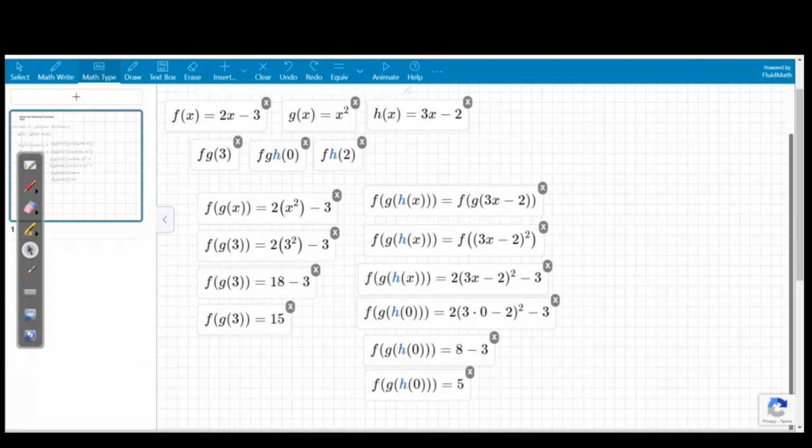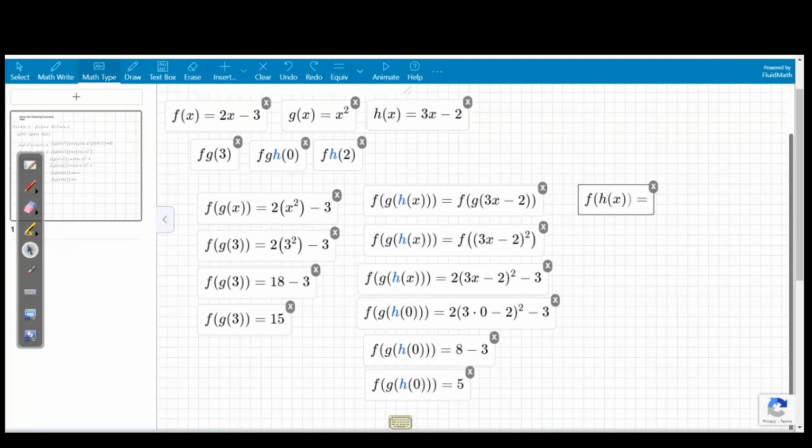So we have f of h of x, and what is our h of x? Our h of x is 3x minus 2.